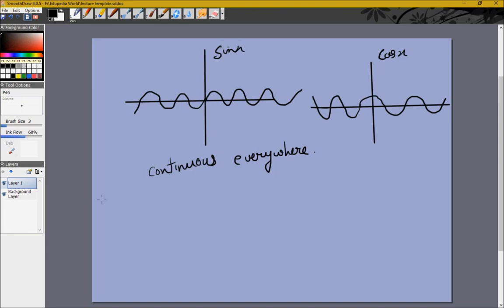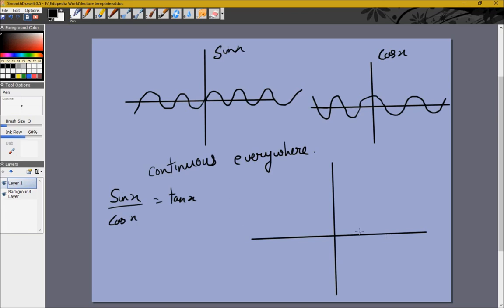What about sin x by cos x, which is tan x? Let's draw the graph for tan x. I assume you already know graphs for tan x and stuff. In fact, we've already seen graphs for inverse functions as well.